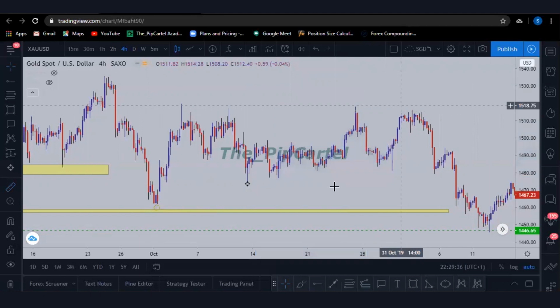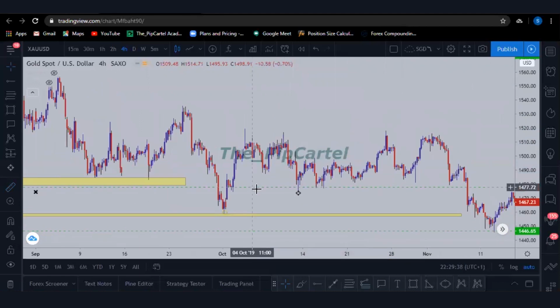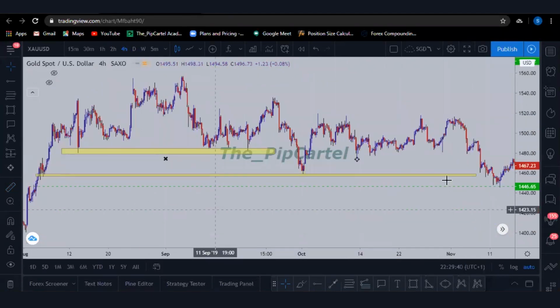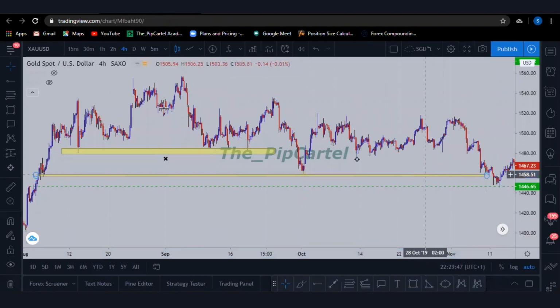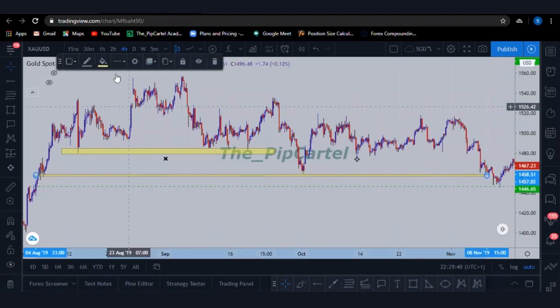Now the final thing I want to show you guys is this other liquidity, this other tiny support level that I marked out here. Normally I don't use yellow, so let me change this.